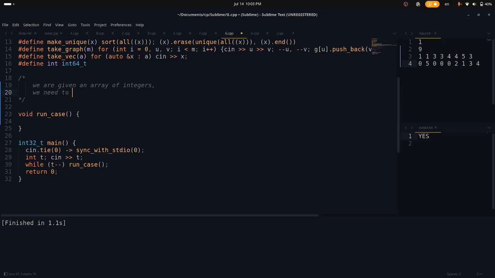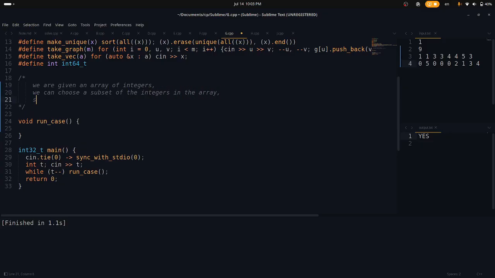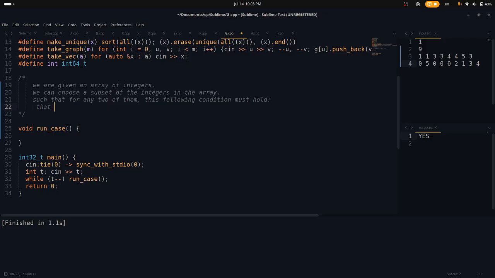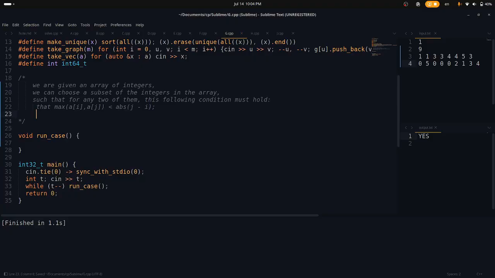We can choose a subset of the integers in the array such that for any two of them the following condition must hold: the max of a_i and a_j must be less than or equal to the absolute value of j minus i.